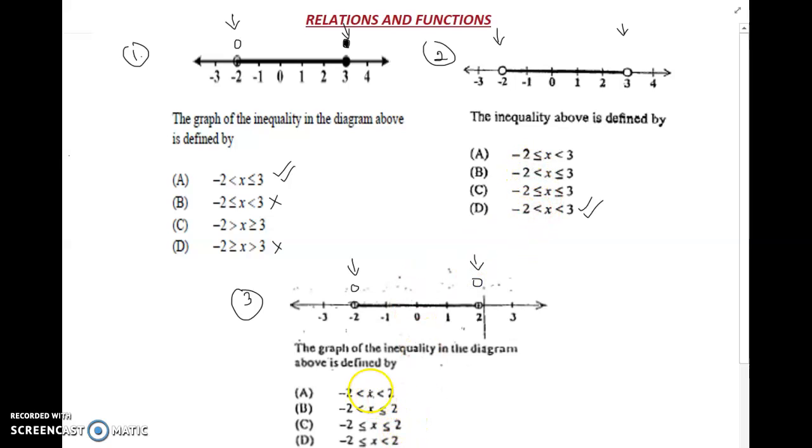So 2 open circles means we're not supposed to have the equal line at any point. So the answer is A. So you see how simple that was? Again, CXC brings similar questions all the time. They change up some numbers, the wording. So make sure you understand. Don't learn off any answers, as I've always been saying. They are very easy once you keep on practicing.